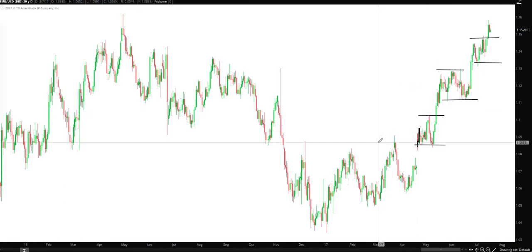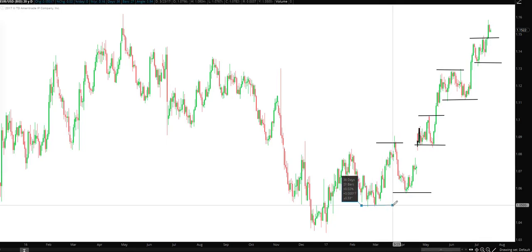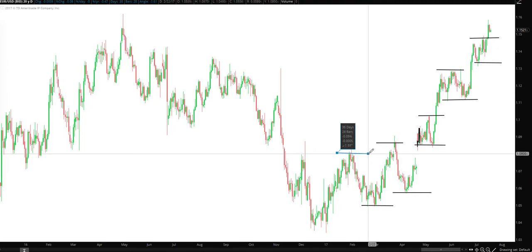It's a good habit to do, drawing these in. It's something that keeps your eye aware of where price came from in the past and where you can see turnarounds in the future.